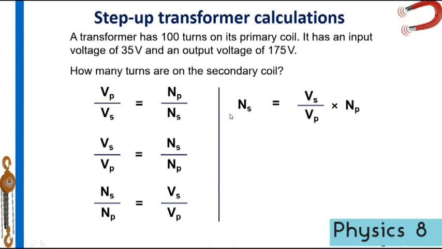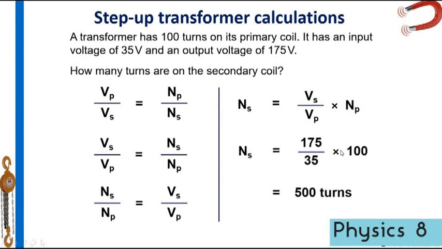So in this case, we can determine the number of turns on the secondary side of the transformer, and it's just going to be equal to the voltage on the secondary side of the transformer divided by the voltage on the primary side of the transformer multiplied by the number of turns on the primary side.